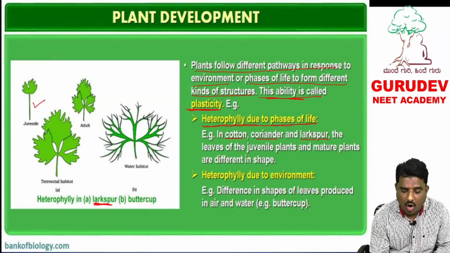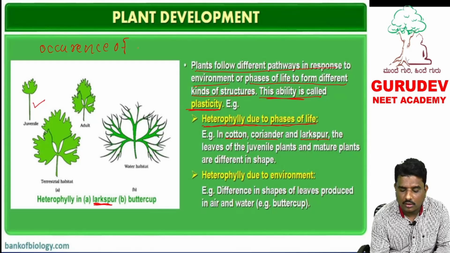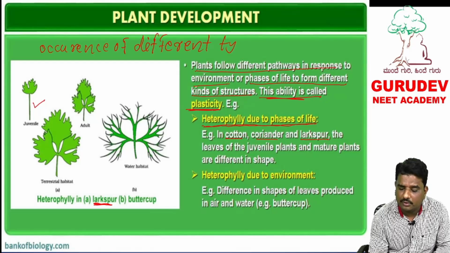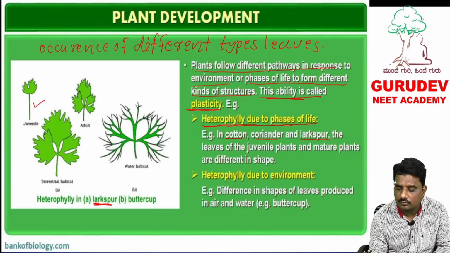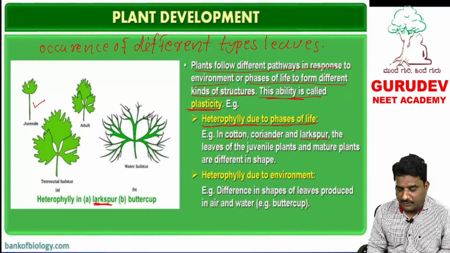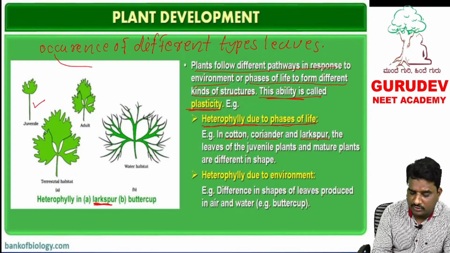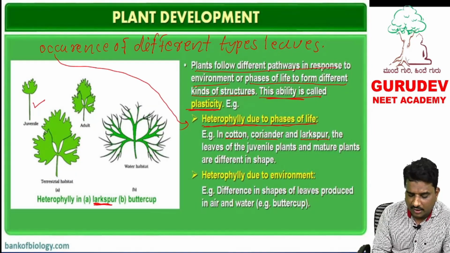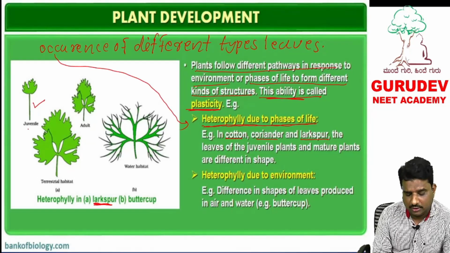Heterophily means occurrence of different types of leaves in two different phases of life. What are the phases of plant life? Juvenile phase and adult phase.